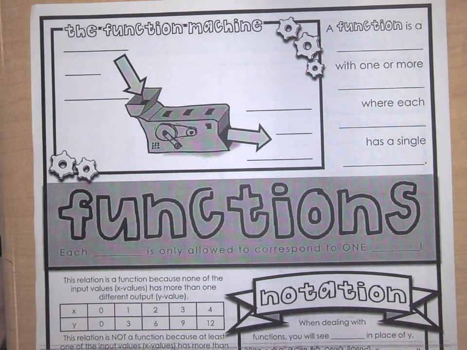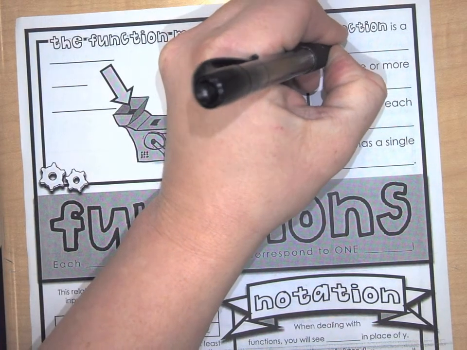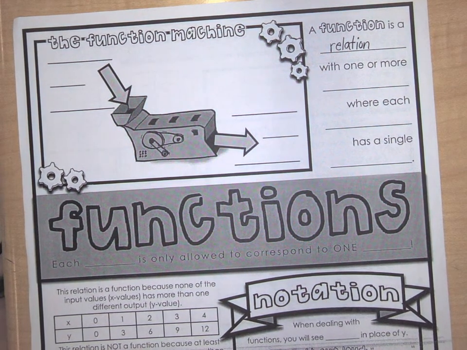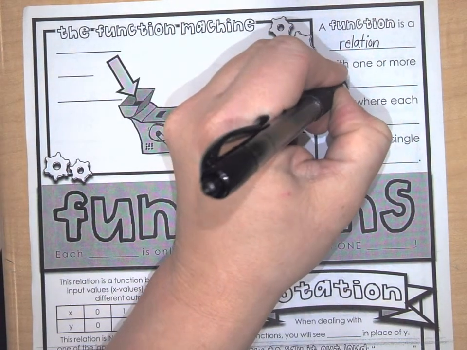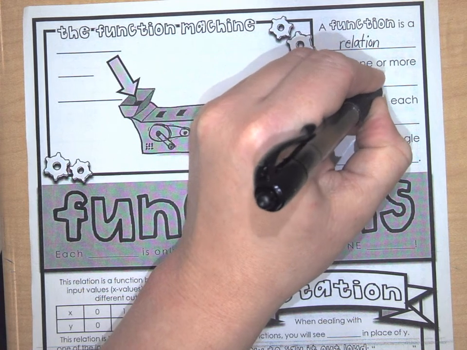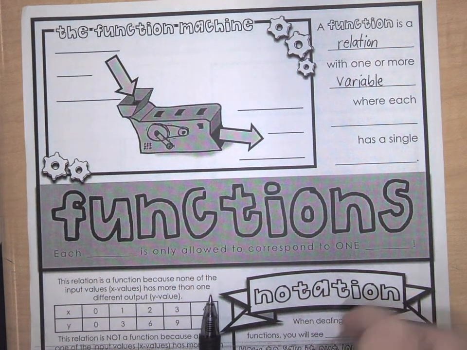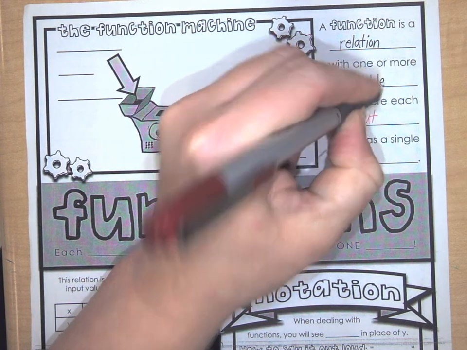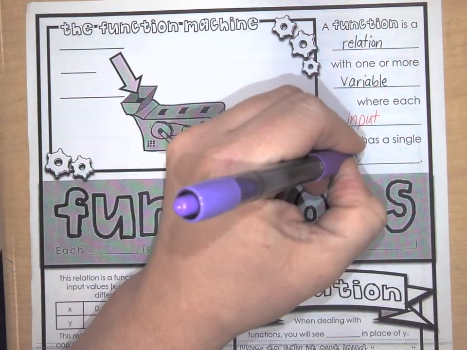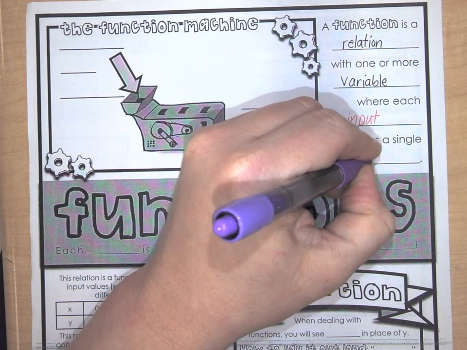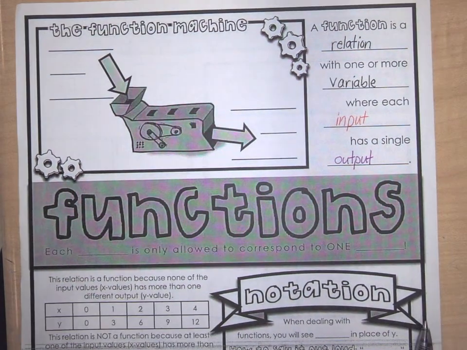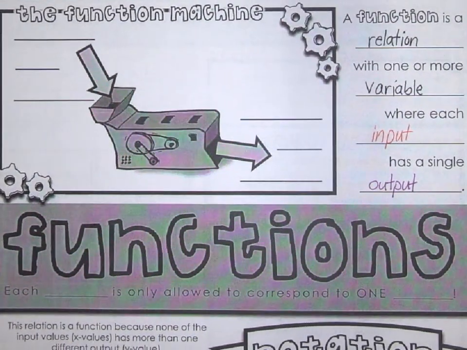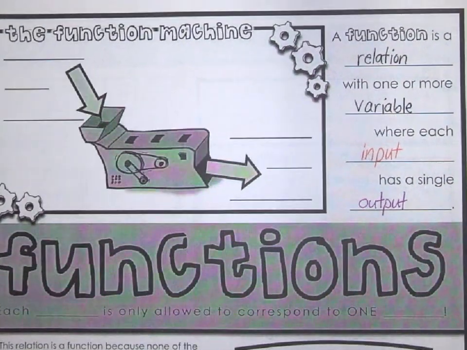So the definition of a function is a relation with one or more variables where each input has a single output. Okay, so a function is a relation with one or more variables where each input has a single output.